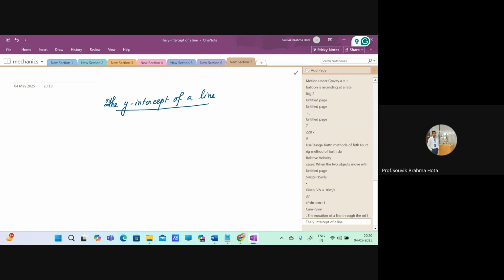So first, if we have an equation y is equal to 2x plus 1, and we have another equation y is equal to 2x plus 4, how can we draw or reproduce those two lines? Initially we need to mark those points, like 1, 2, 3, 4, 5, here also 1, 2, 3, 4, and so on.